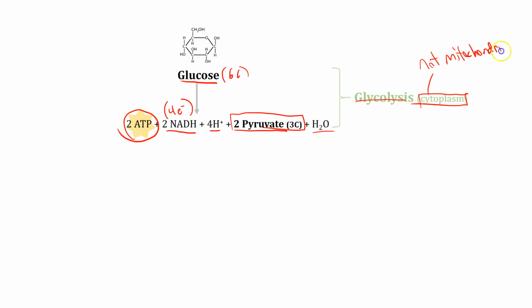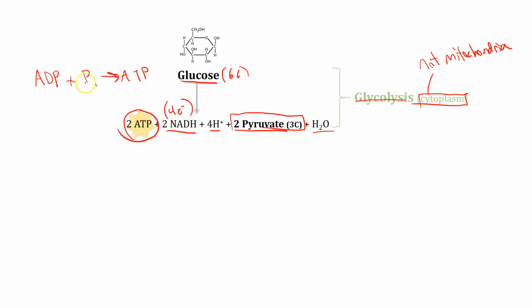And we said that oxidative phosphorylation occurs in the mitochondria. So certainly the ATP made in this step could not be made by oxidative phosphorylation, meaning the flowing of hydrogen ions through an ATP synthase. So these are actually made in a more direct fashion. Basically, some energy from enzymes and chemical reactions happening in the cytoplasm takes ADP and adds on some phosphate, and you get ATP.